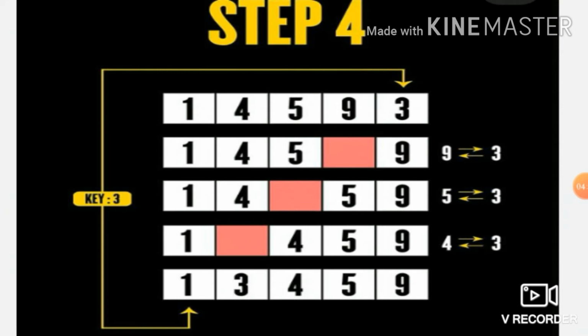It checks whether 4 is greater than 3 or not. We know that 4 is greater than 3, so 4 got swapped, and 3 remains there only. It checks with 1 whether 1 is greater than 3 or not. We know that 1 is less than 3, so the final sorted array is 1, 3, 4, 5, 9, and we get the final array. This is the insertion sort example logic. And in the next step we will discuss the logic.